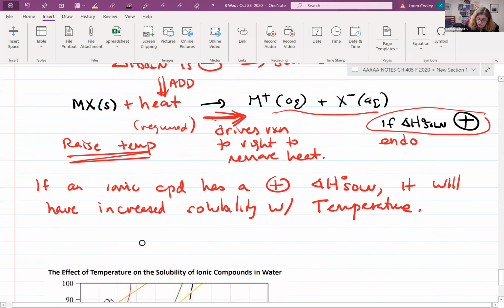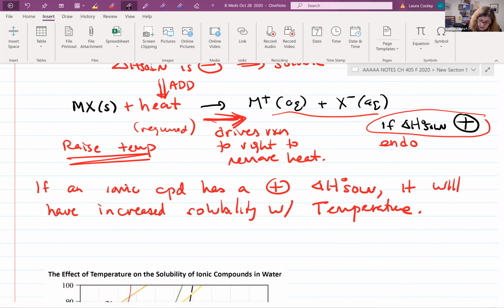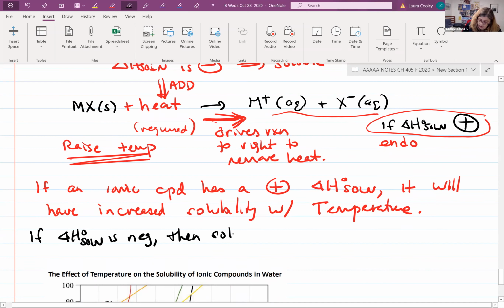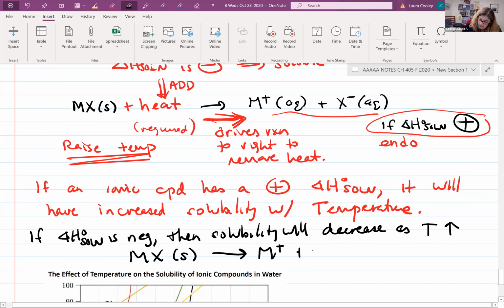However, if the opposite is true, then the opposite will be true, right? If delta H solution is negative, then solubility will decrease as the temperature increases. And that's because you would have MX goes to M plus X minus plus heat.